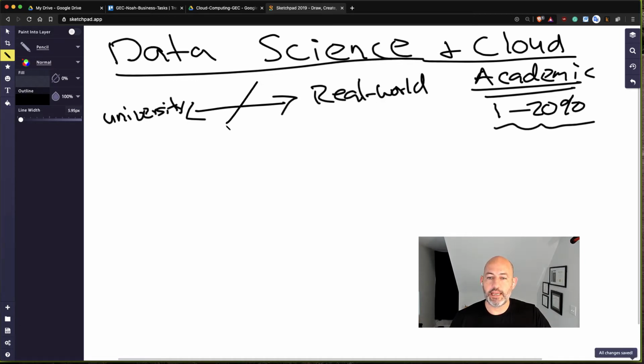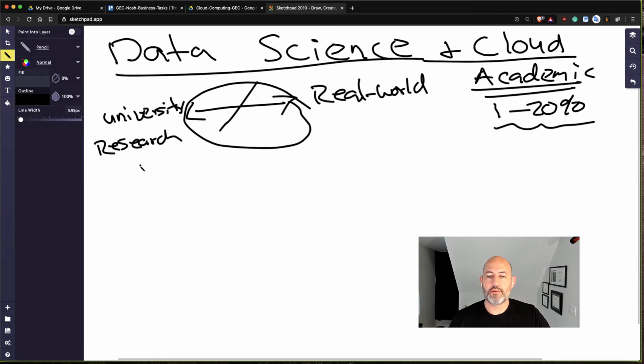But the issue is that the university system right now, at least in data science, the majority of research is not cloud computing related, and the research is non-cloud. And likewise, in the real world, most of the companies that are deploying applications are on the cloud. So we've got a problem.